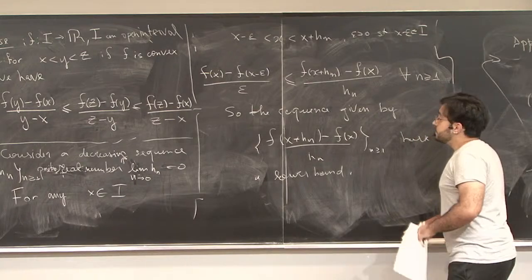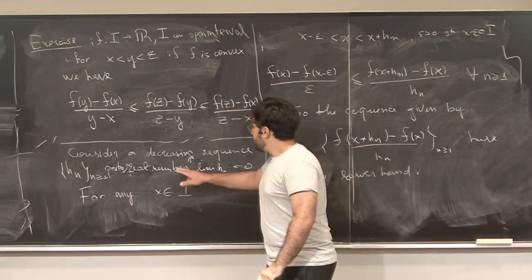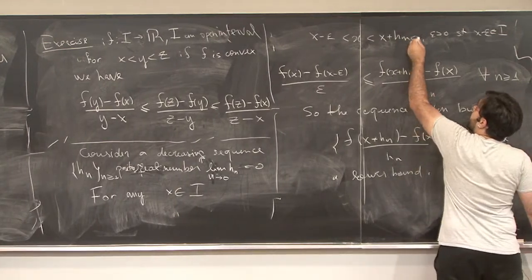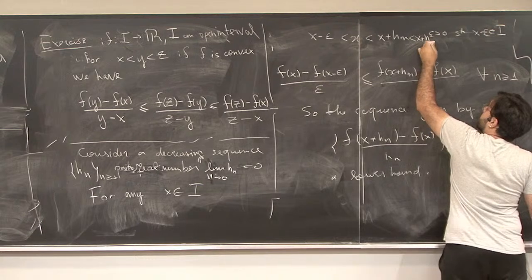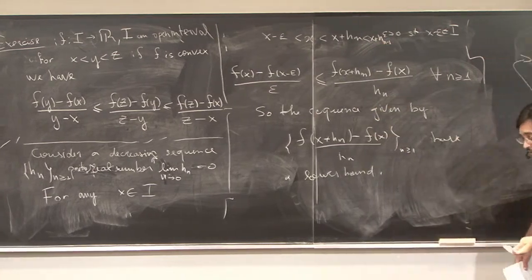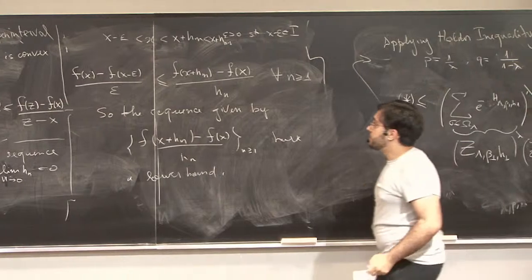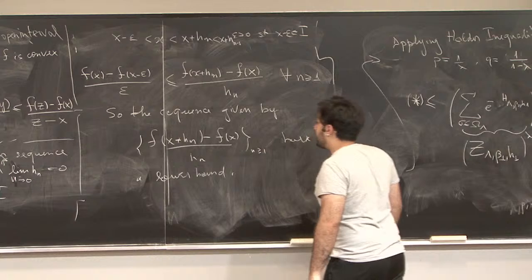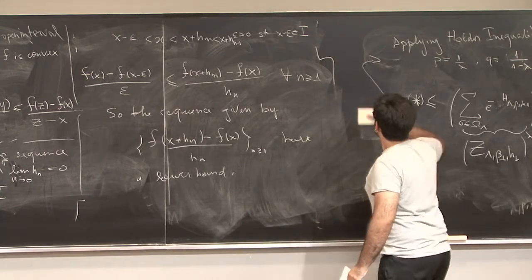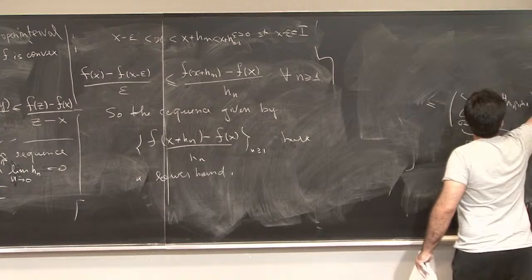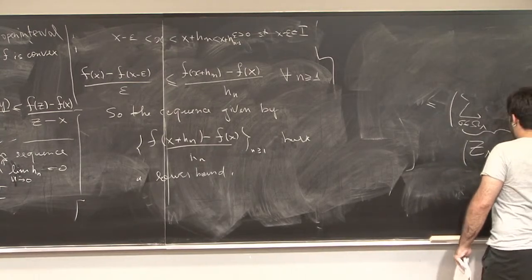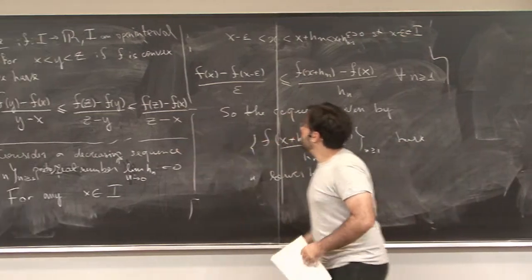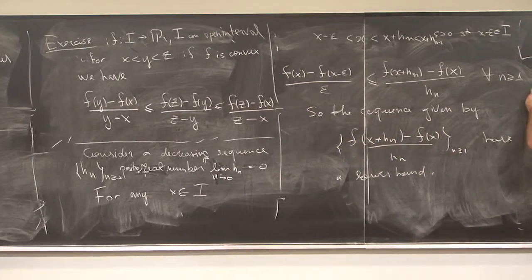And more than that, since the sequence is decreasing, if I add to x h_(n minus 1), the previous member of the sequence, then it will be larger than this one. So I can apply again this property here, but now choosing the following.